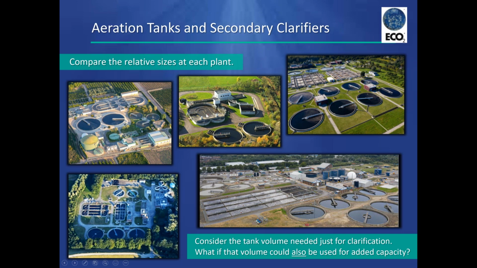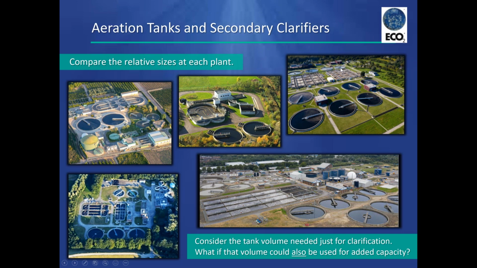We see, of course, the aeration tank is sized based upon the F/M design. The secondary clarifier is generally based upon an overflow rate of, say, 750 gallons per day per square foot. So that's 100 feet per day.